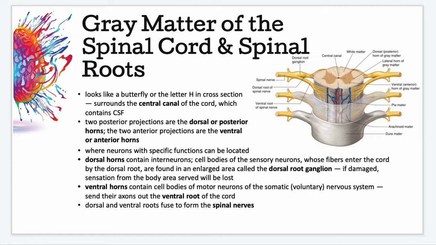Your dorsal horns contain interneurons and the cell bodies of sensory neurons whose fibers enter the cord by the dorsal root and are found in a large area called the dorsal root ganglion. If damaged, sensation from the body area served will be lost. Your ventral horns contain cell bodies of motor neurons of the somatic or voluntary nervous system, and they send their axons out the ventral root of the cord. Your dorsal and ventral roots fuse to form your spinal nerves.